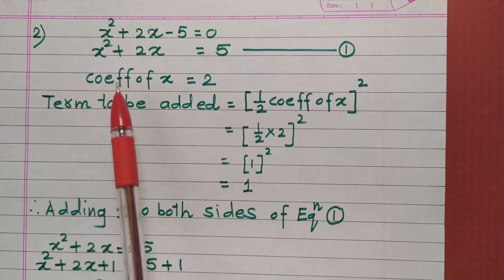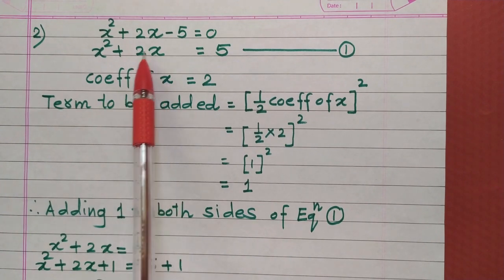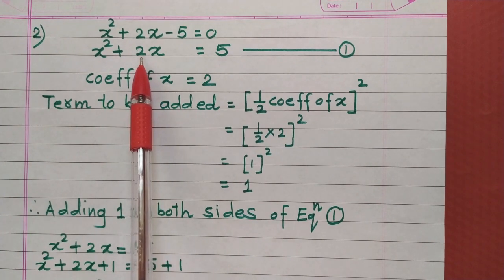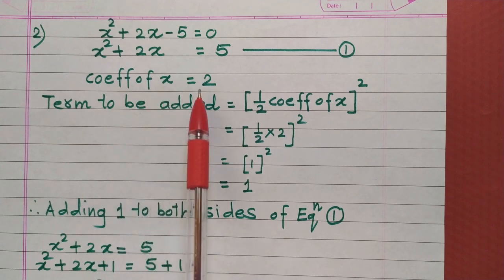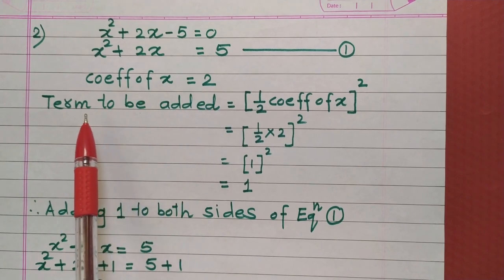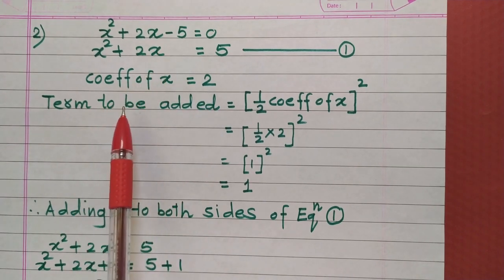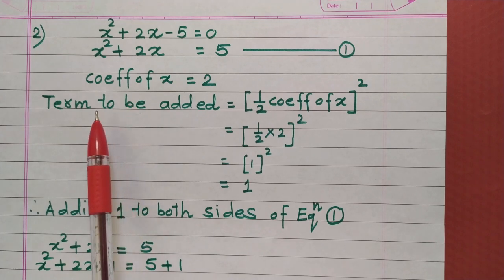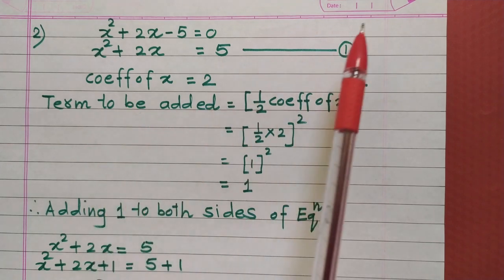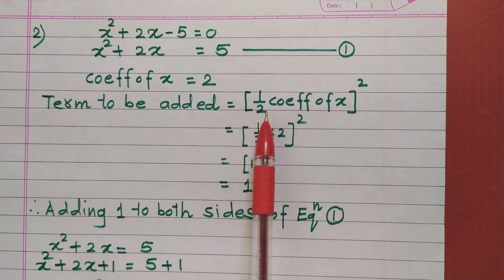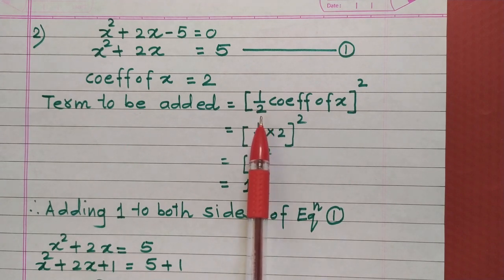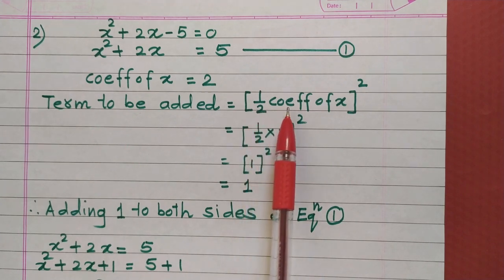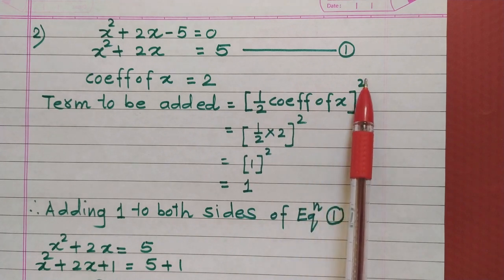Now what is the coefficient of x? Here check the coefficient of x, it is 2. Therefore, according to the completing square method rule, the term which is to be added to equation 1 is half of, whose half? Half of the coefficient of x whole square.